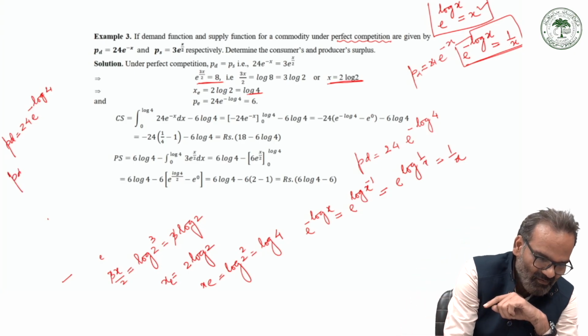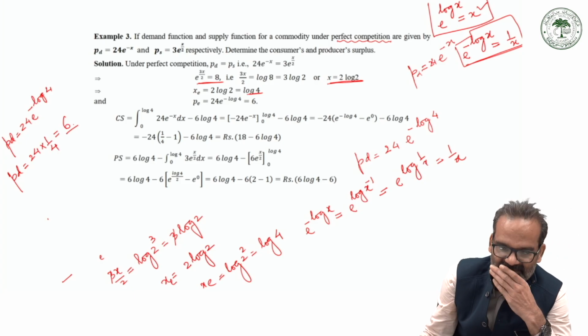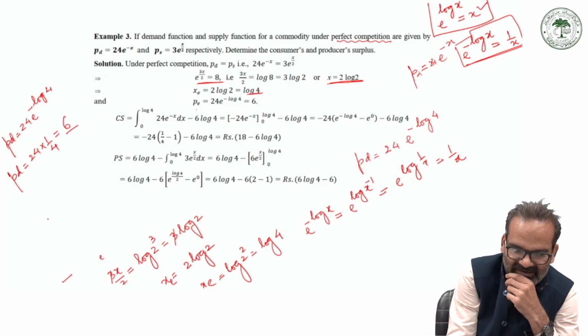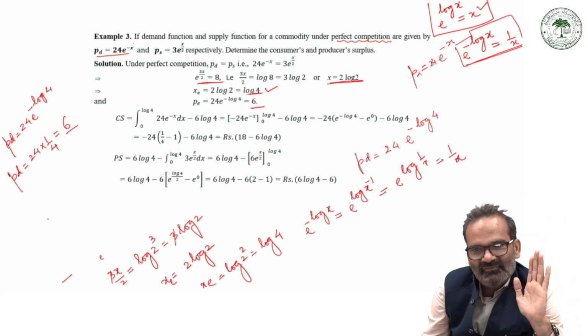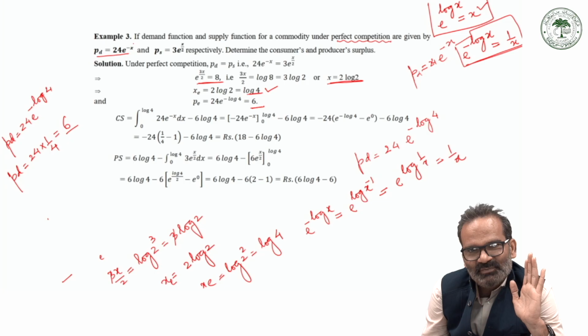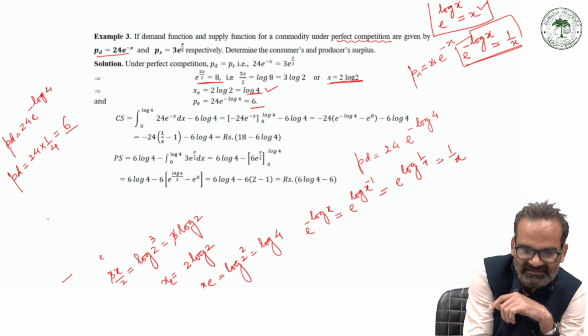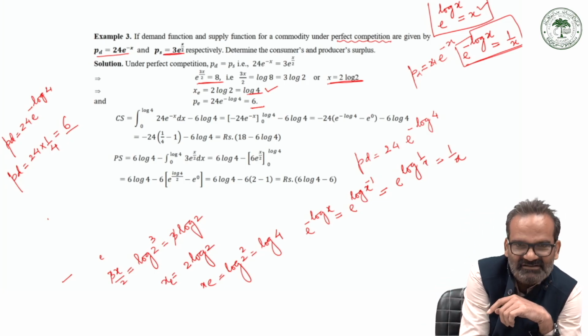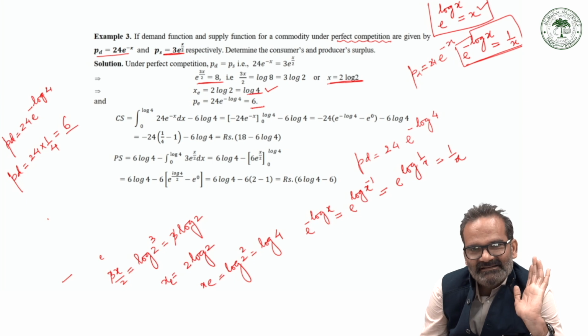So pd is 24 into 1 upon 4, that will come out to be 6, right? So pe is 6, xe is log 4, and this is your demand function. You can very easily determine the consumer surplus, and this is your supply function. You can very easily determine the producer's surplus, right?